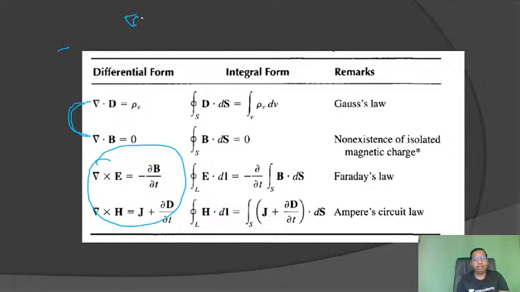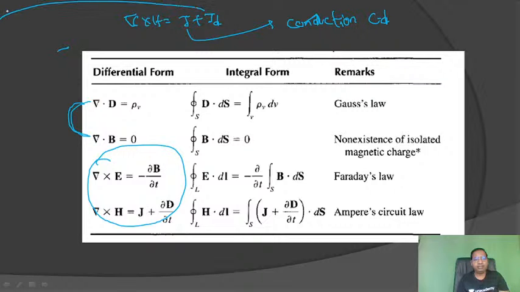So in the del cross H expression, that is J plus JD, this J is called the conduction current density, and this JD is called the convection current density.